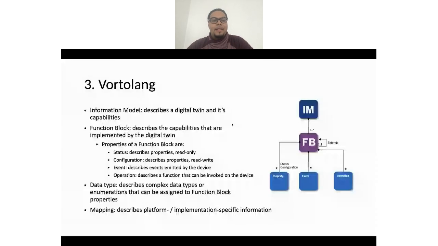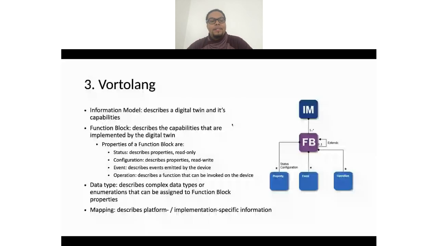So let's take a look at the Vorto language, how this actually works. It has a couple of main components. The entire DSL is written in Ecore, so it's based on the Eclipse stack, Ecore and Xtext.